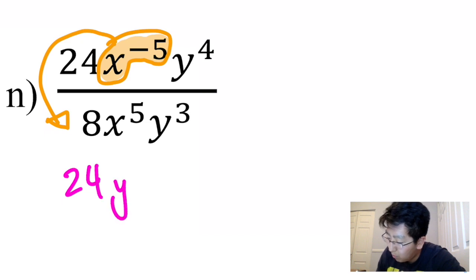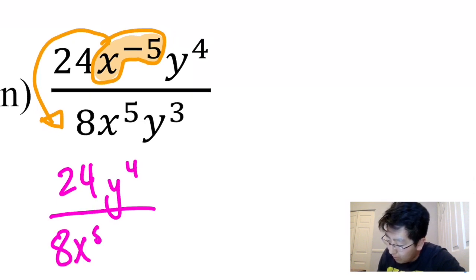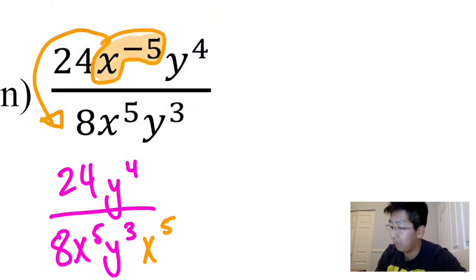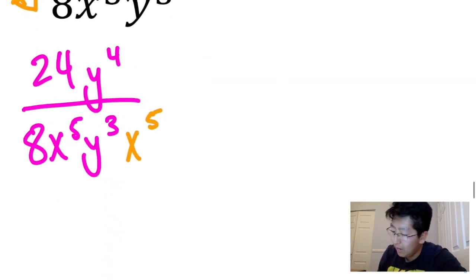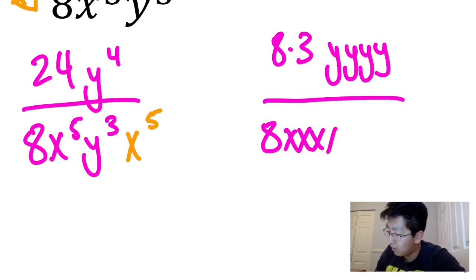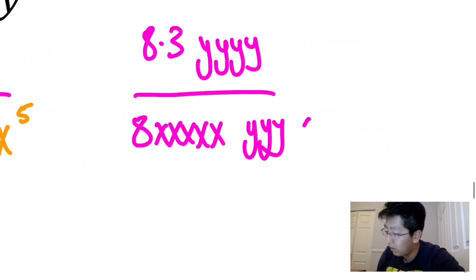We have 24y to the 4th on the top, and at the bottom we have 8x to the 5th, y to the 3rd, and now we have x to the 5th also. I'm going to expand. It's going to be 8 times 3, y, over 8, 5 x's, 3 y's, and another 5 x's.